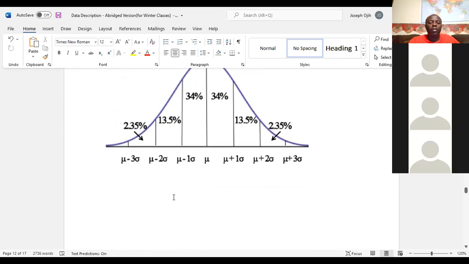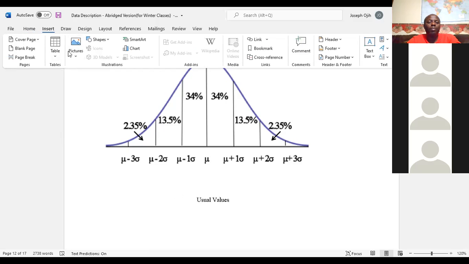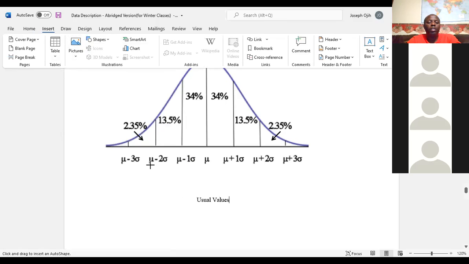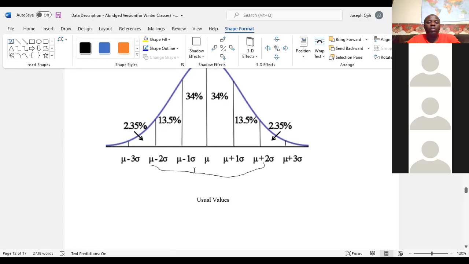Put it this way: what we usually have in life, what we call normal, usual values, fall within this 95%. So that's where most of the data values fall, from here to here. But one that falls outside this range becomes unusual.